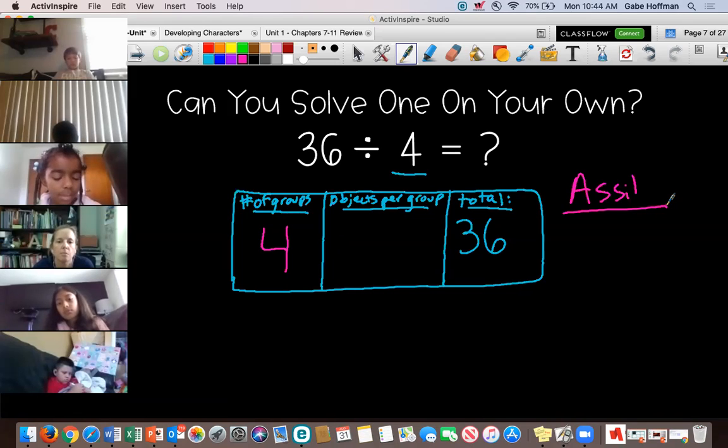It's close to 40, so I thought it would be close to 40, so I put big numbers. First I tried 8, I tried 7, and I tried 9, and the answer I got was 9.